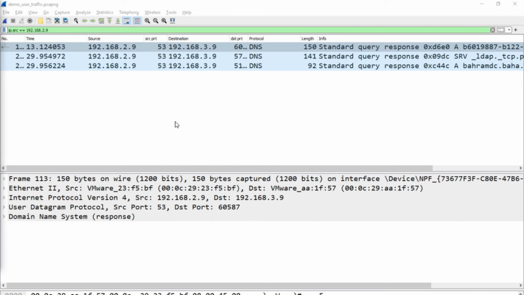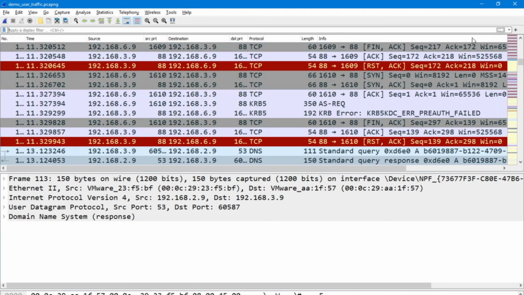Okay, so those are my three primary things that I do when I first get a packet capture that I'm unfamiliar with. I take a look at all the protocols that are in play, because I've seen these protocols. I kind of have an idea of how they're used, which leads me to my next step, where I look at endpoints.